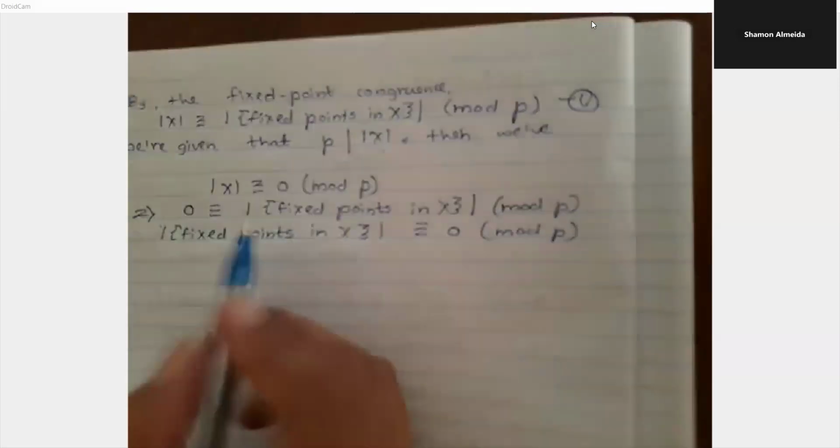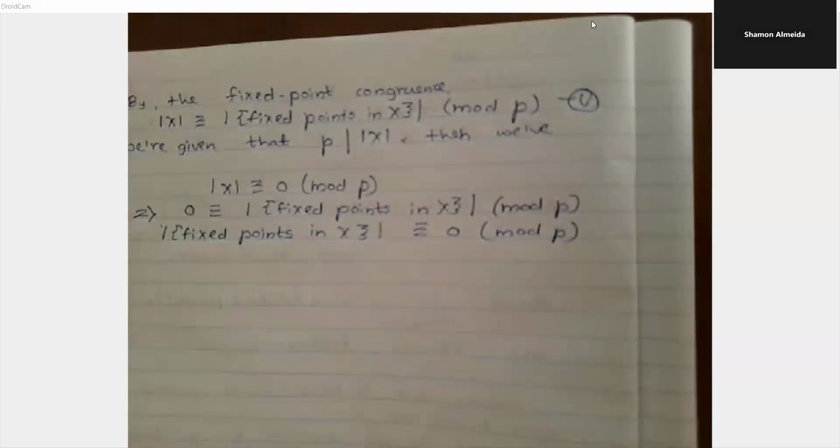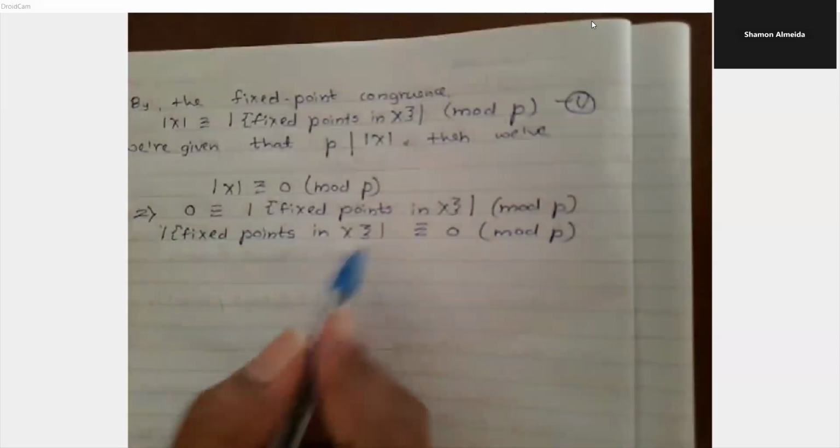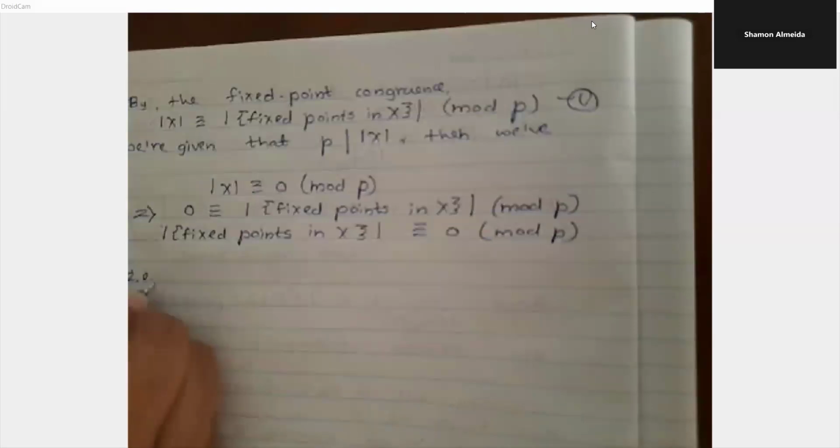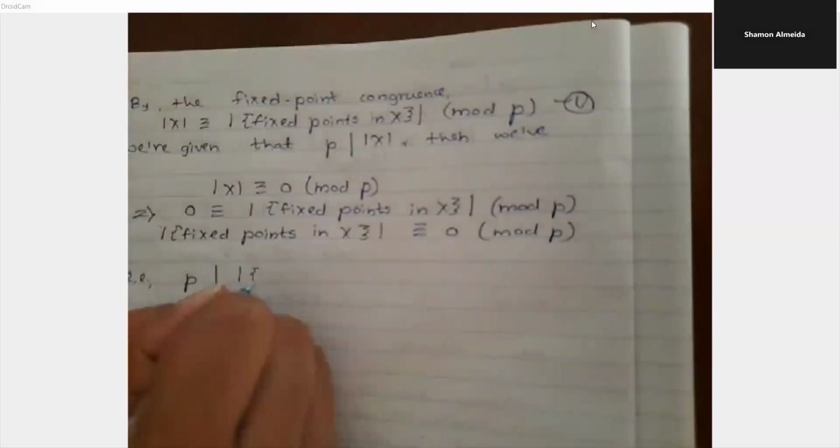This is congruent to 0 modulo P. What does it mean? This means P divides this number. By definition, we have P dividing this order.